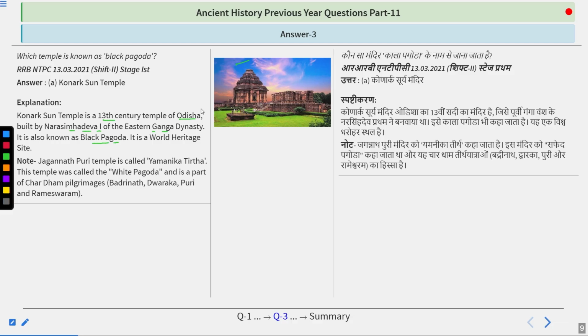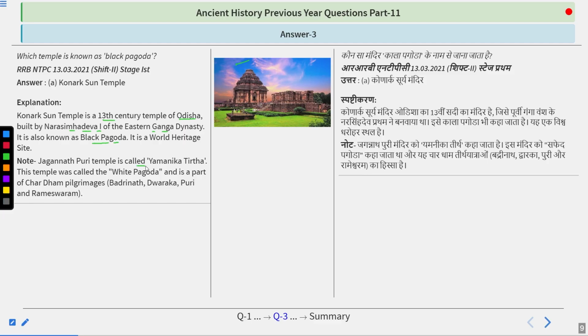If this question comes in your exam, which country is known as the land of the Golden Pagoda? That is Myanmar. Myanmar has a lot of dome structures of Buddhism, majorly golden in color. That is why the land is called the land of the Golden Pagoda.